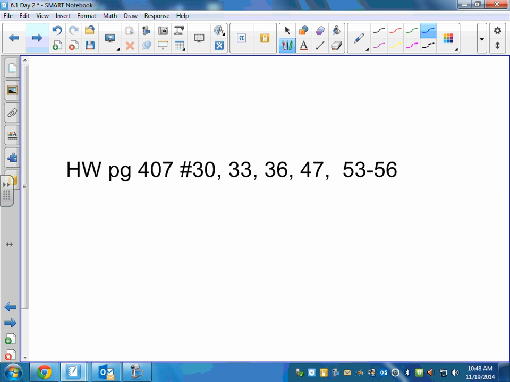And then 47, they just ask you to do f of g and g of f and see if you get x back. We're going to talk about that tomorrow. That kind of leads us into 6-2. And then 53 through 56 are the breaking apart the functions. Really these three are the ones that you have to do parts A, B, and C on. But they're not all fractions, so they're not so bad to do. You have about 10 minutes, so start on it, and ask me questions if you have them.